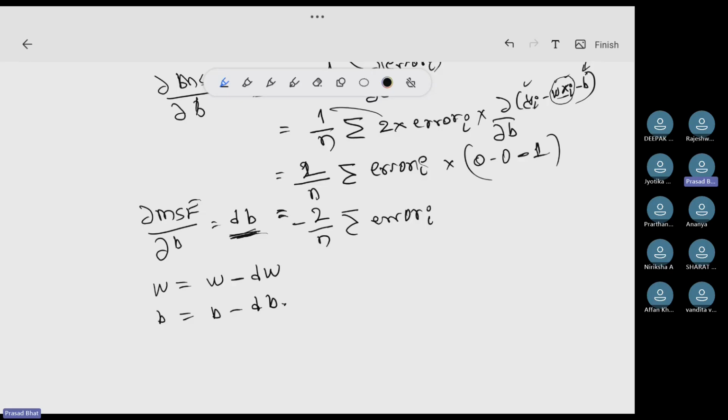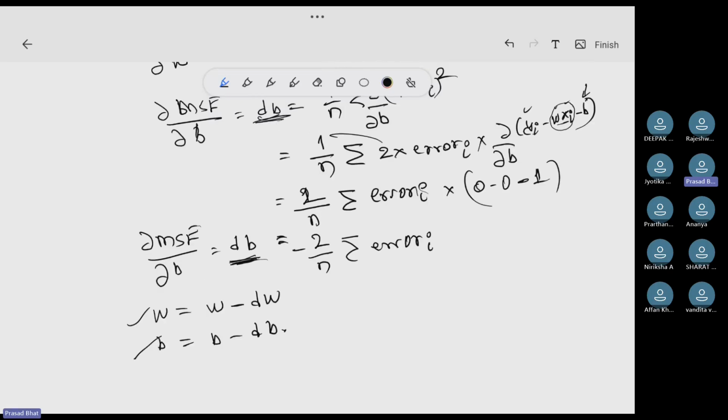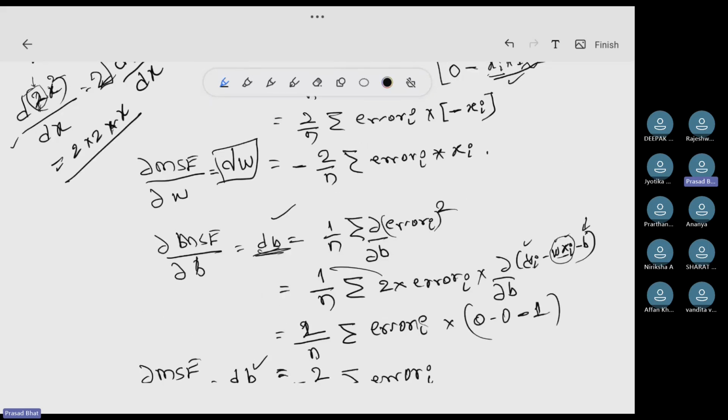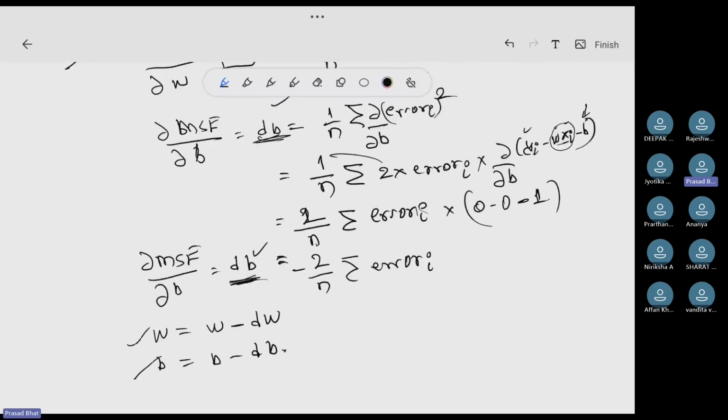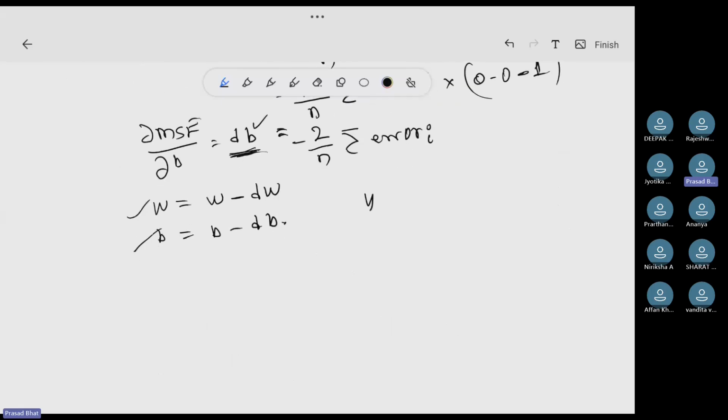I hope you understood how we arrived at these two equations. Now, previously the original y equal to y cap equation, mx or wx plus c, right? It was a univariate function, like x was the variable here.